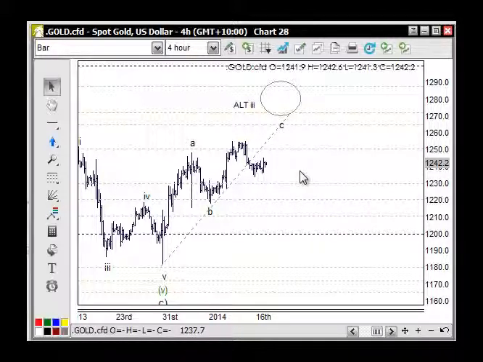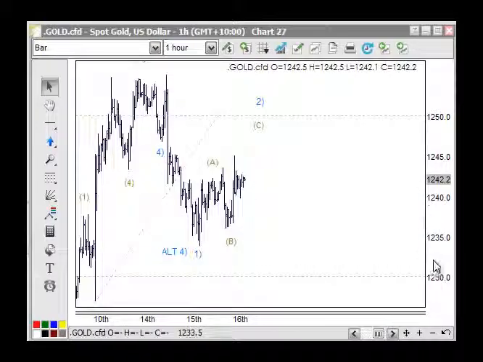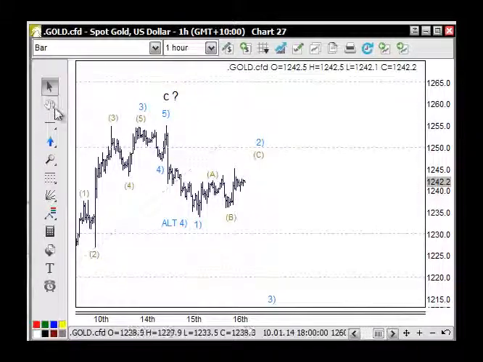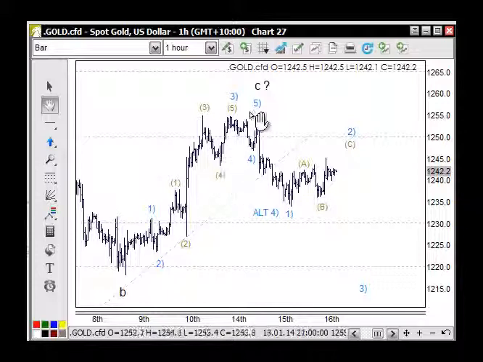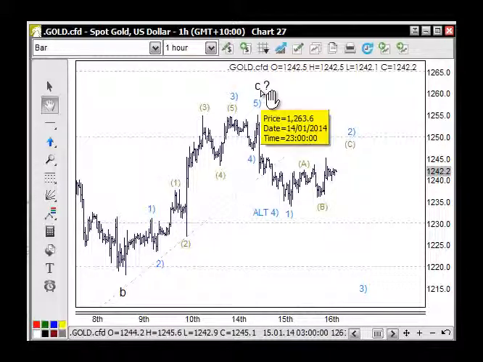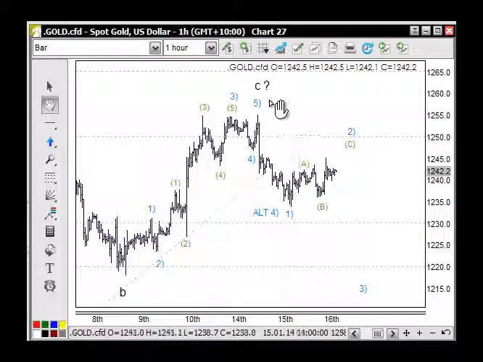So we just need to see a little bit more weakness first, but let's just drill into this little area through here. Now, this is it on the 1 hour chart through here. So, is wave C completed here or not? That's the question. And if that is the case, we've got a top here, then this move through here will be looking at an A and a B and a C through here.